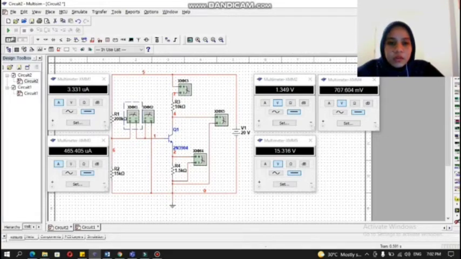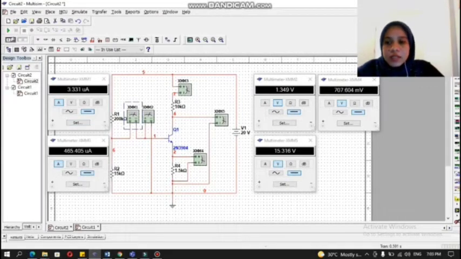For the voltages, 1.349 volts is for VB, 707.604 millivolts is for VE, and for the VC it is 15.316 volts. For the VCC we have put in 20 volts.